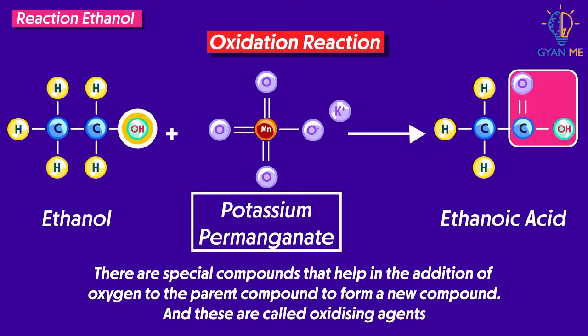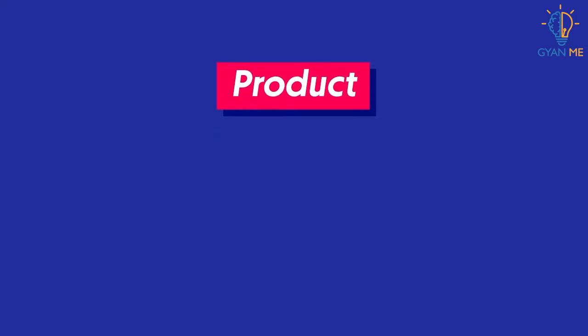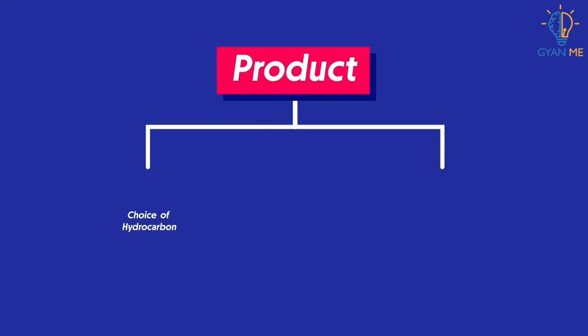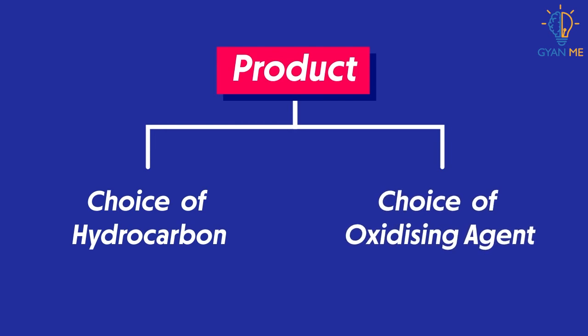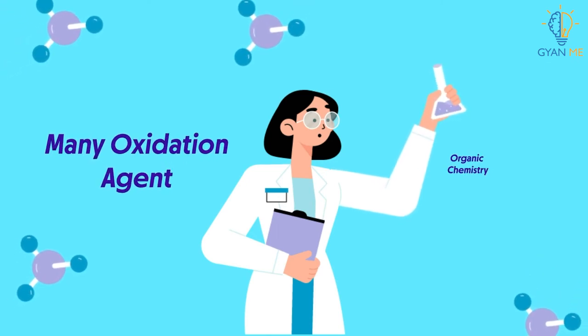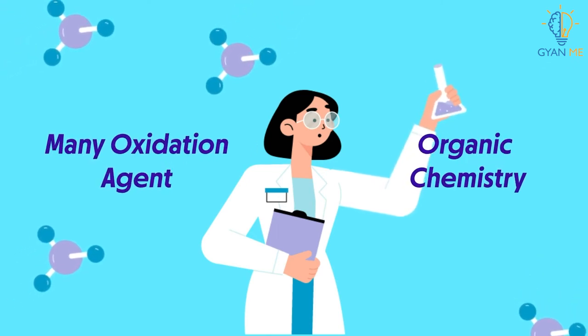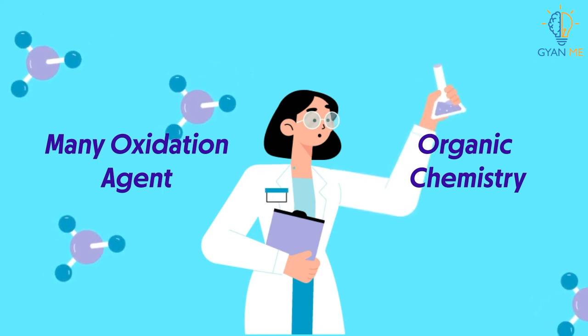In such reactions, the product formed depends on two factors. One, the choice of hydrocarbon, and second, the choice of an oxidizing agent. There is a wide selection of oxidizing agents available for us in organic chemistry, each with its own particular properties and uses.